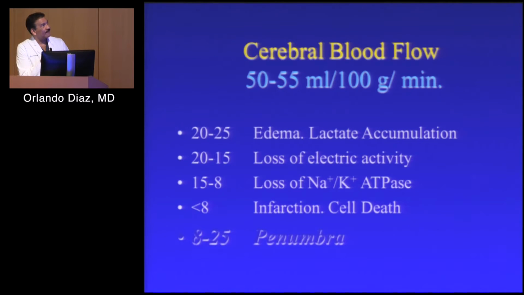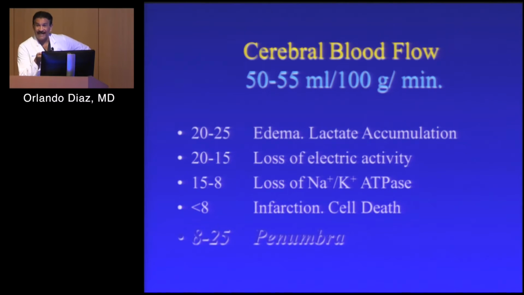Between 25 and 50, there are some changes at the level of the neurons: edema, lactate accumulation. If we go less than 8, it's infarction. The brain is dead. The neuron is dead. So if we decrease the flow from 50 to less than 8, there is nothing to do. It's too late.